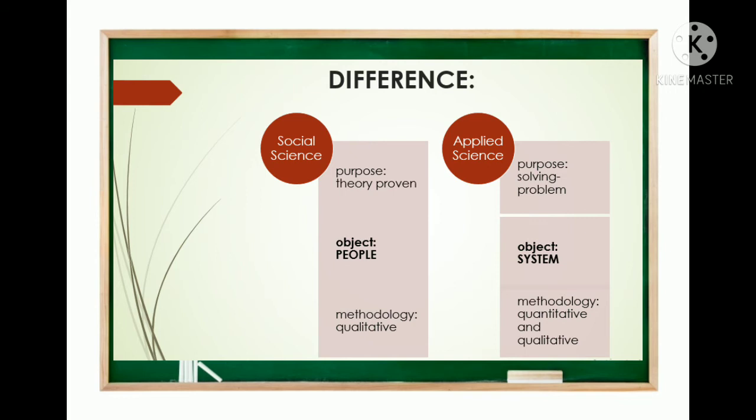For the applied science, the purpose is solving problems, the object is the system, and the methods are both quantitative and qualitative. Now, learners, can you see already the difference of social science and applied science? How can we apply their differences into economics?